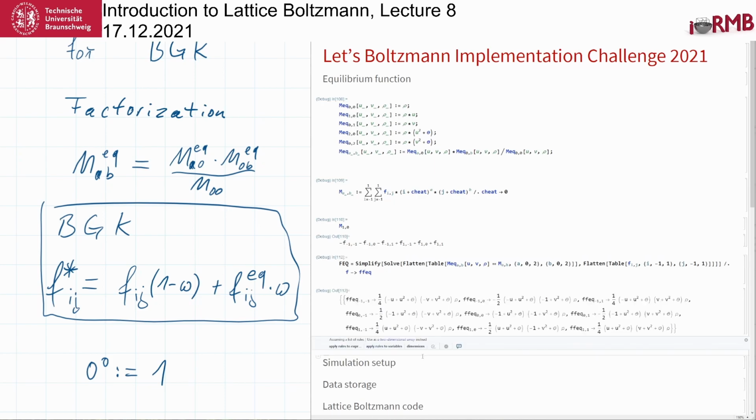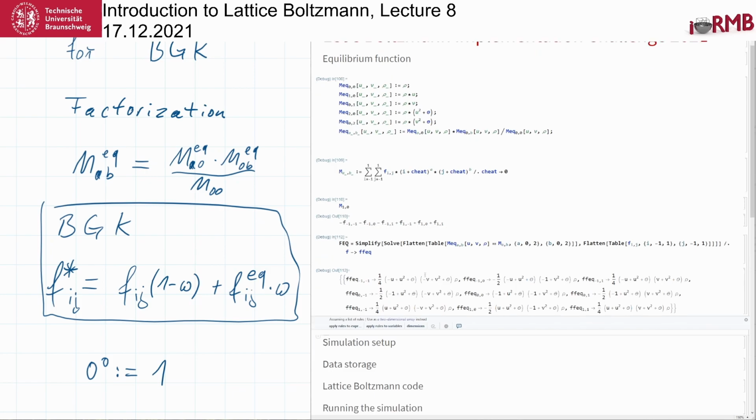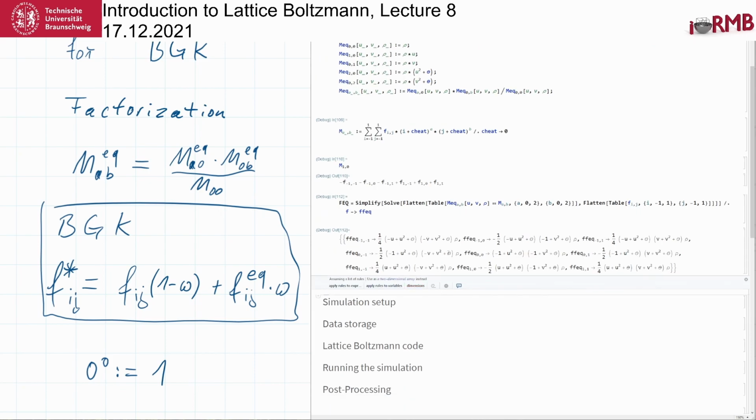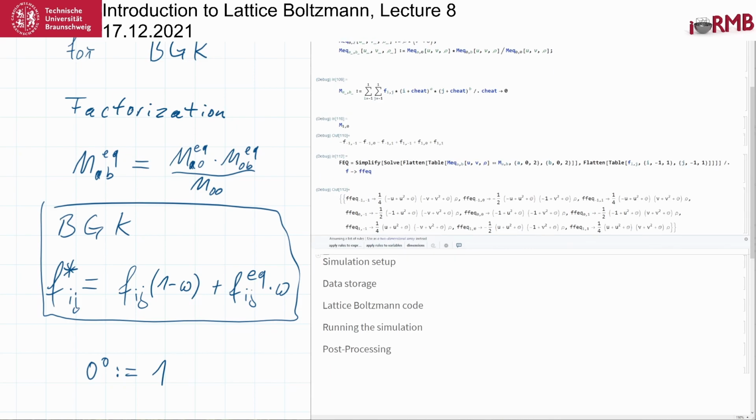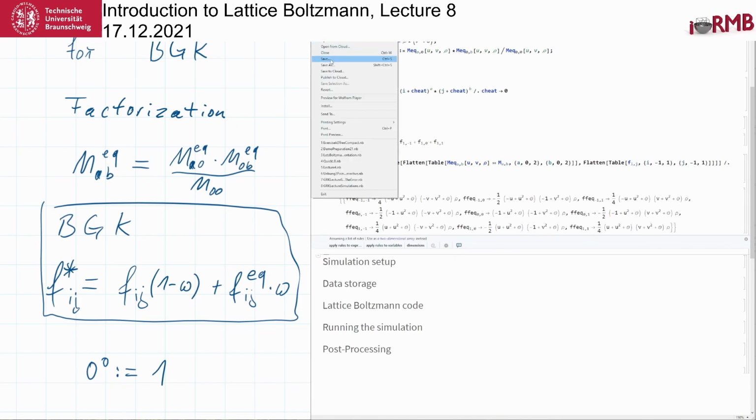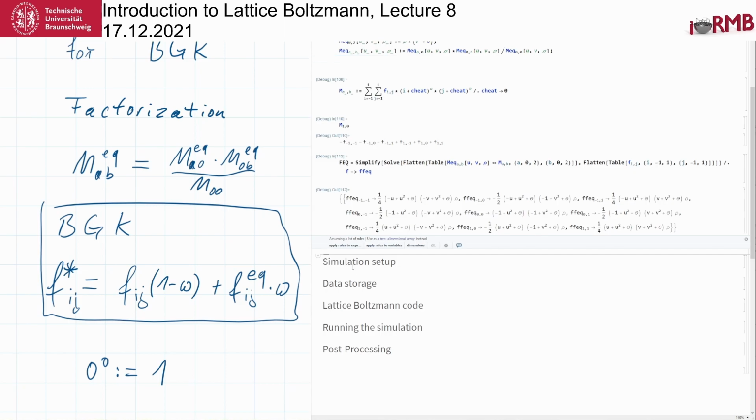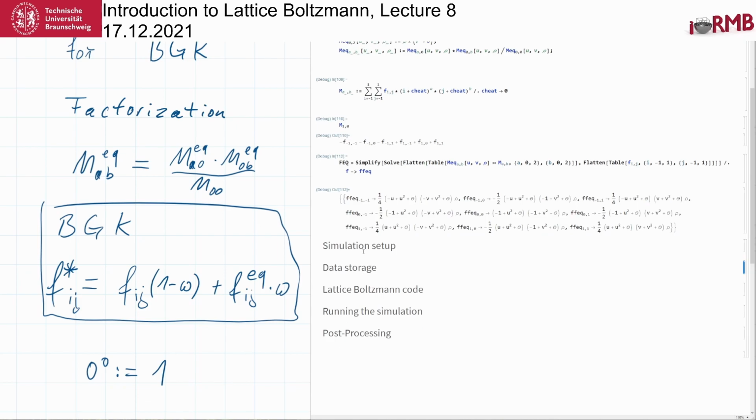Okay, and this is now the solution for our equilibrium function. We could have known this beforehand and typed this in, but this is what we can actually derive using Mathematica. I'm going to save this so that we don't get lost. Now we are done with deriving the equilibrium.